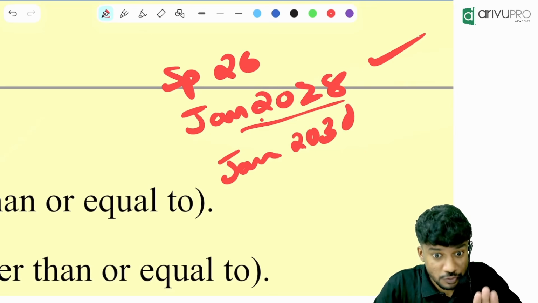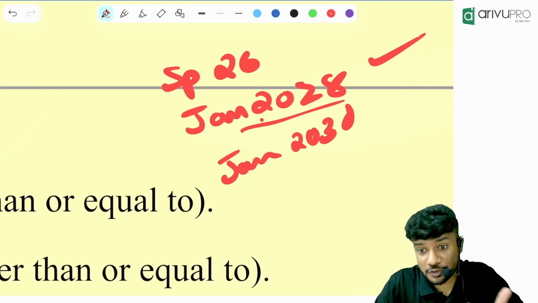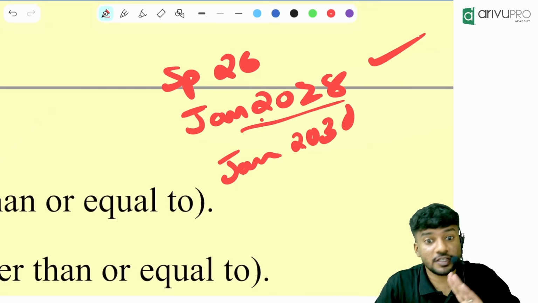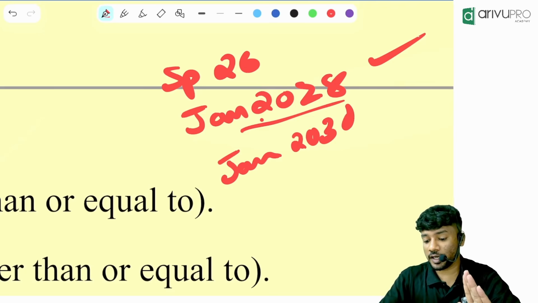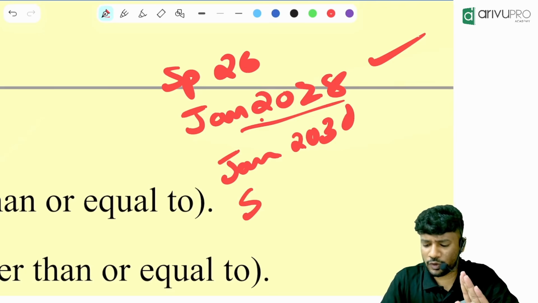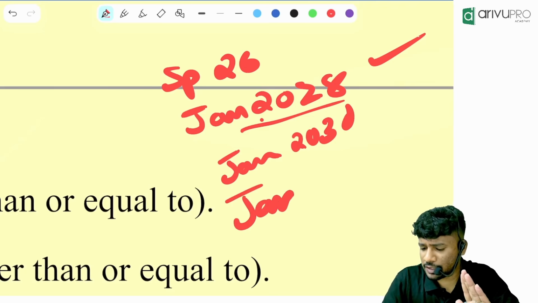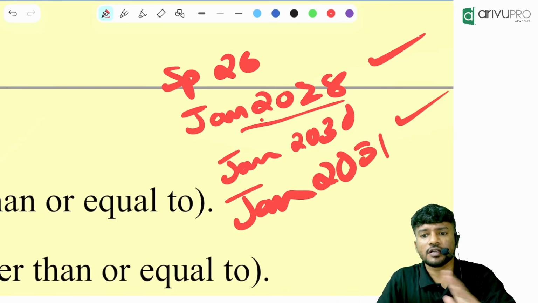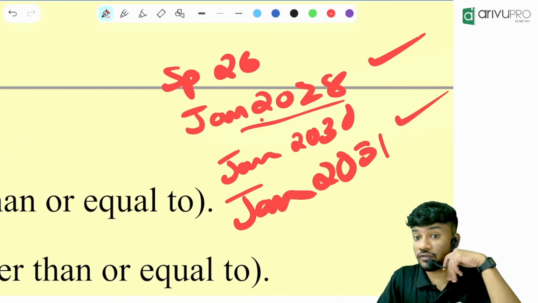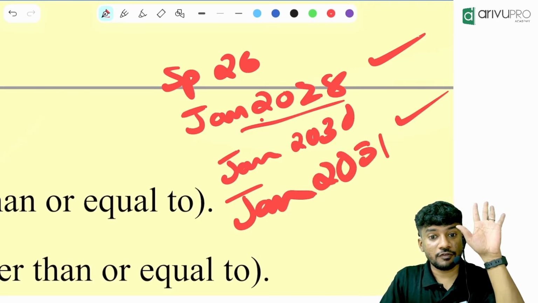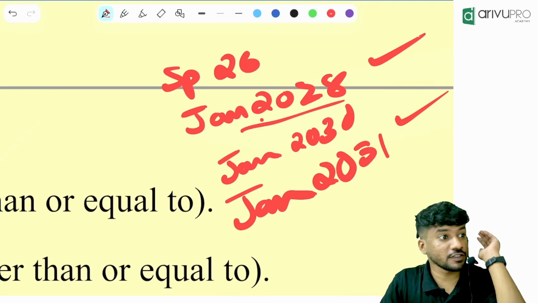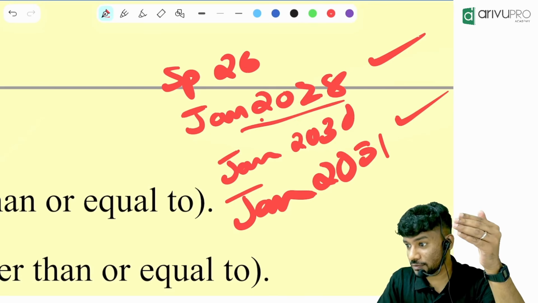Then after that you go for your finals examination. Let us take the best case scenario, you finish by September, or we keep the more practical scenario like Jan 2031, finishing both groups in finals also. So maybe 5 years, or 4.5 years, is there for you for this course, if you ask me.